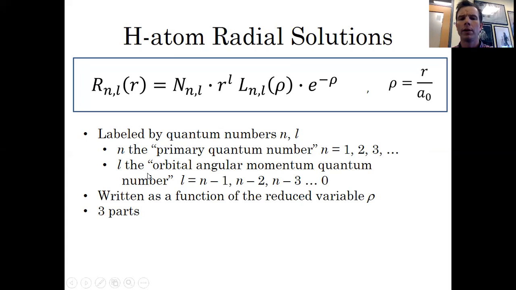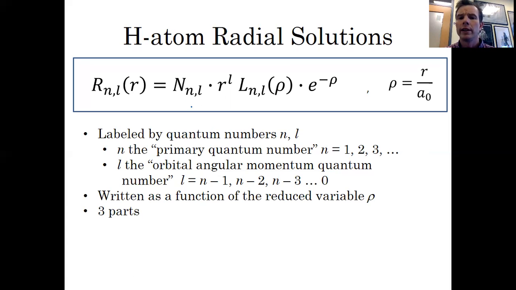L is called the orbital angular momentum quantum number, and it has values n minus 1, n minus 2, n minus 3, dot, dot, dot, all the way to 0. This L is the same L as we saw in the spherical harmonic half of it. They arise in both equations because of the separation of variables. And now all of these variables are interrelated. N determines L determines M.